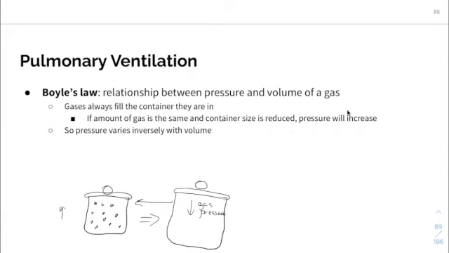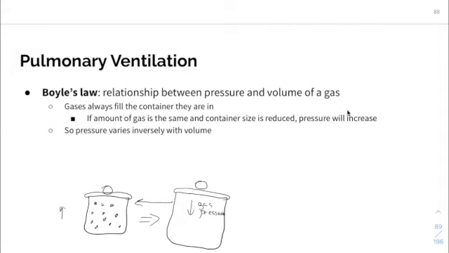When we inhale, our lungs are going to expand. As our lungs expand, we increase the lung volume, so we decrease the pressure in the lungs.